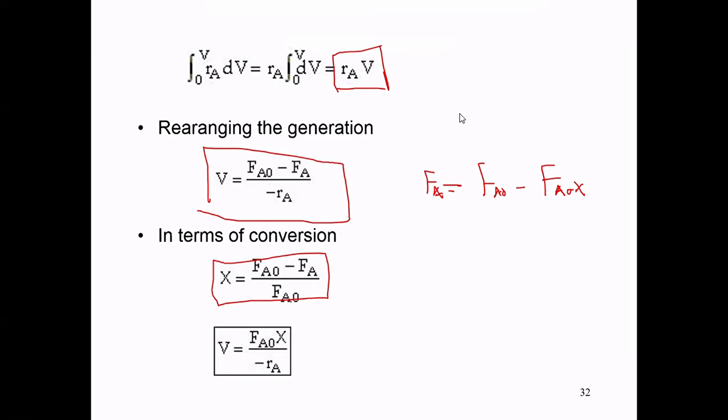So you get this one from here, and then finally you get this, because you substitute FA with this one. So you get this.